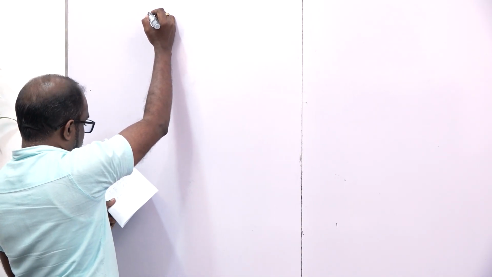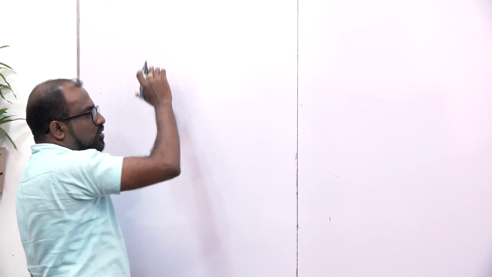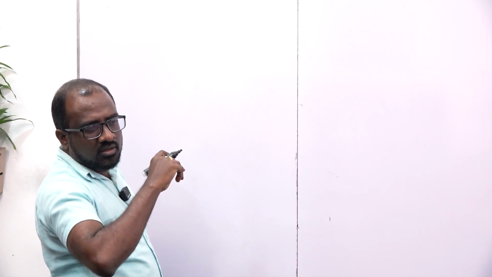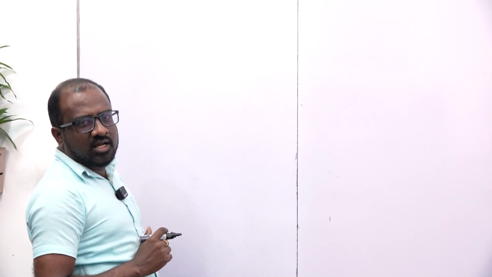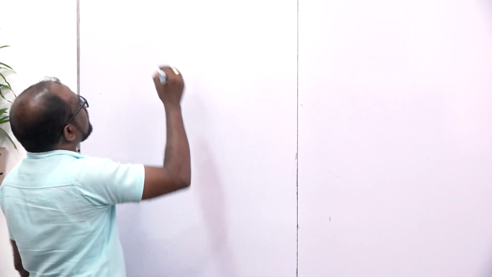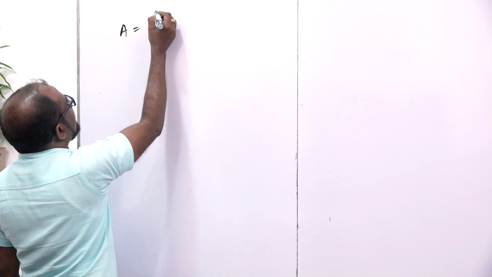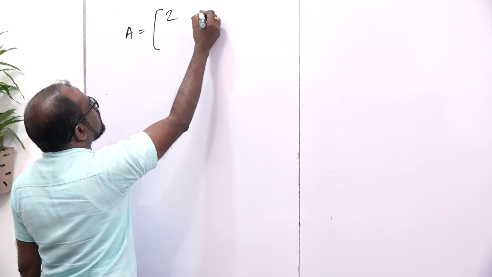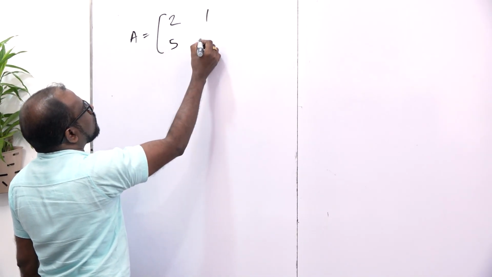First I will take two matrices with only positive numbers, because we only need to study the pattern of how they multiply. Let's take matrix A: 2 1 5 3.